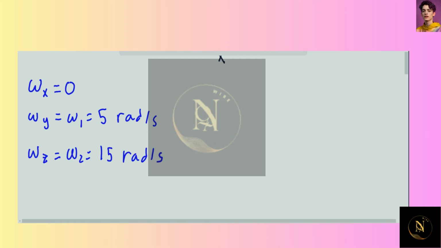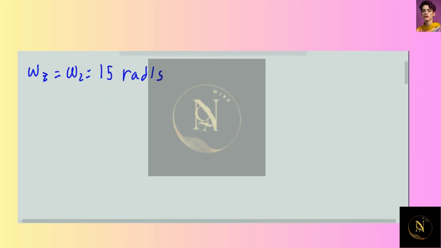So now we write the equations for the moment of inertia across the different directions. So the moment of inertia in the x direction, we know it is 1 over 4 times the mass of the disk times the radius of the disk squared. So we can plug in the mass and we can plug in the radius.